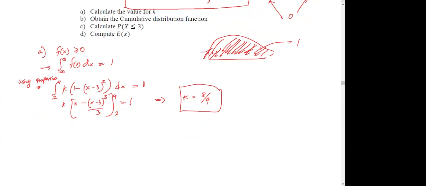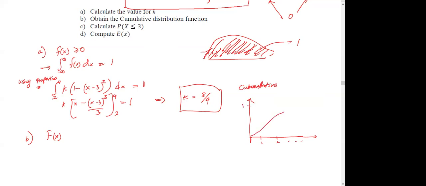Next one, obtain the cumulative distribution function, part B. To find the cumulative, what does cumulative mean? In a continuous case, this is the cumulative: this is your x, 0, 1, 2, whatever. It's going like this, right?